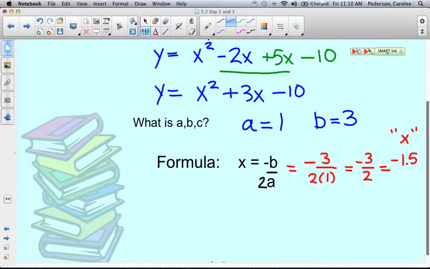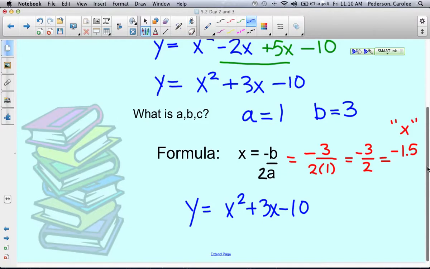So then the next step, to find the y value, we substitute negative 1.5 into that blue equation. You can also use the original equation if you'd like. So here's our blue equation in standard form. And we're going to substitute negative 1.5 in for x.